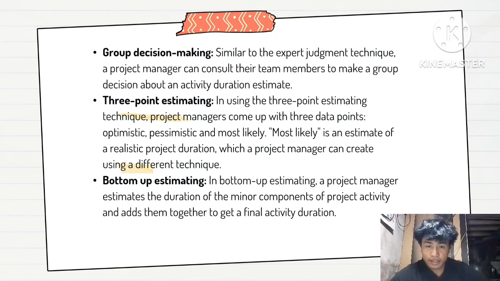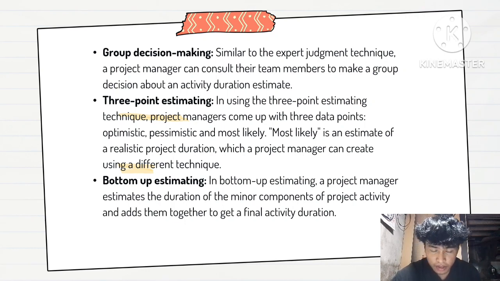Three-point estimating: in using the three-point estimating technique, project managers can come up with three data options: optimistic, pessimistic, and most likely, which is an estimate of a realistic project duration, which a project manager can create using a different technique.